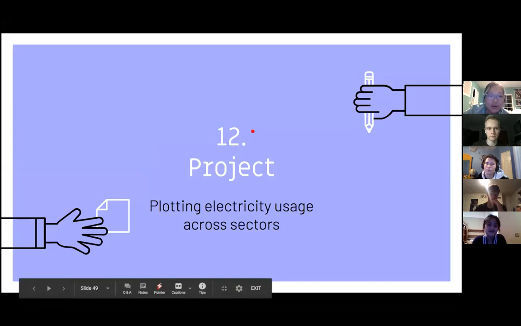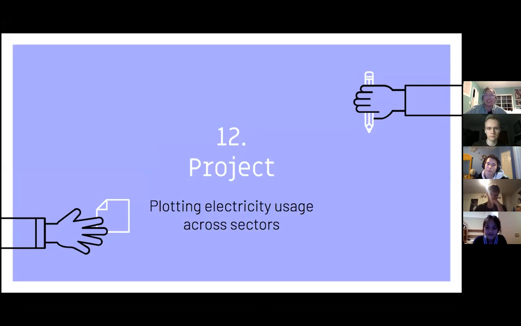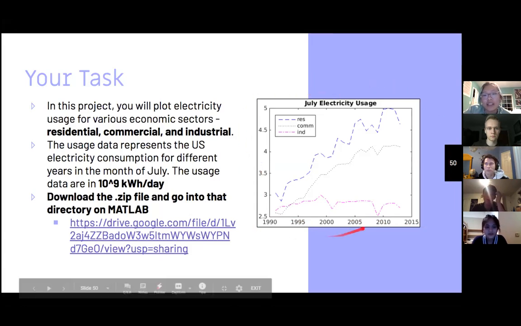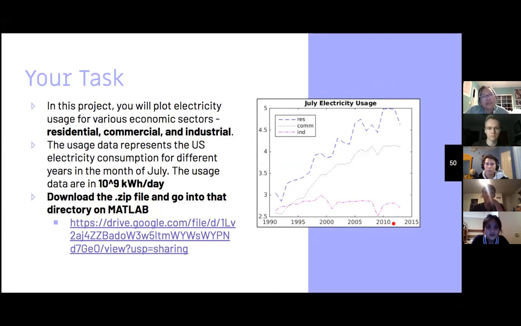All right, so our project is going to be plotting electricity usage across different sectors. So we have 3 sectors: residential, commercial, and industrial. And this is what your plot should look like in the end. The usage data represents the US electricity consumption for different years in the month of July.